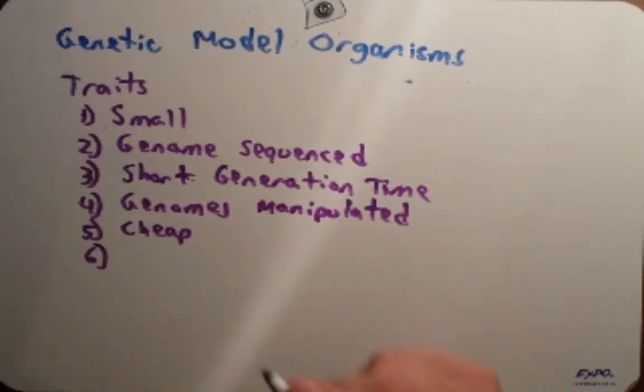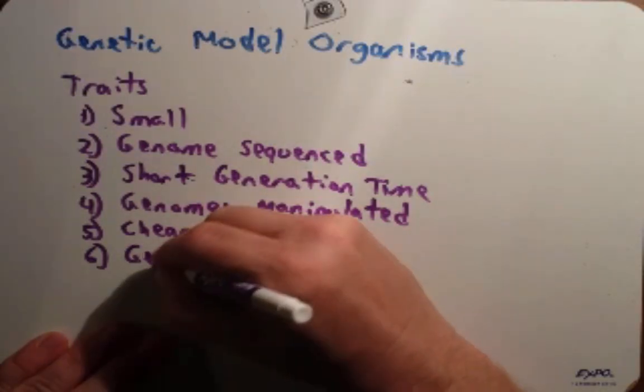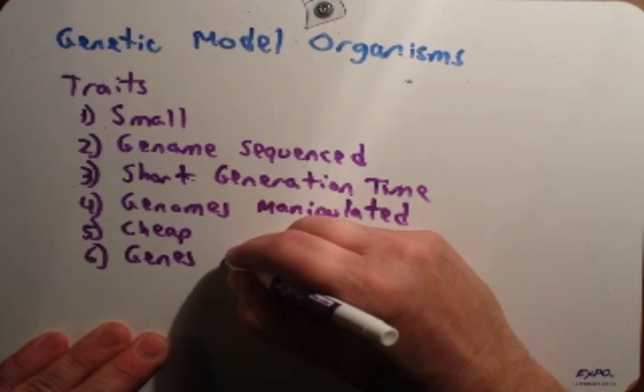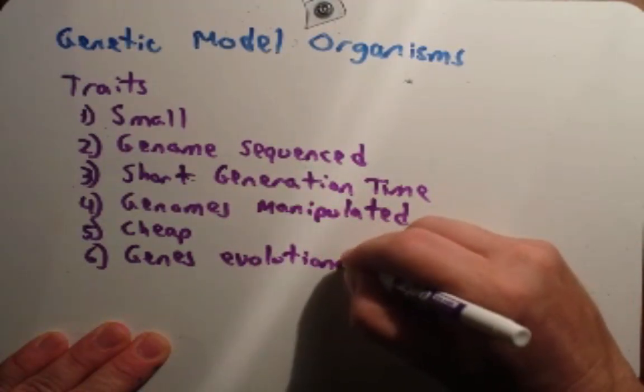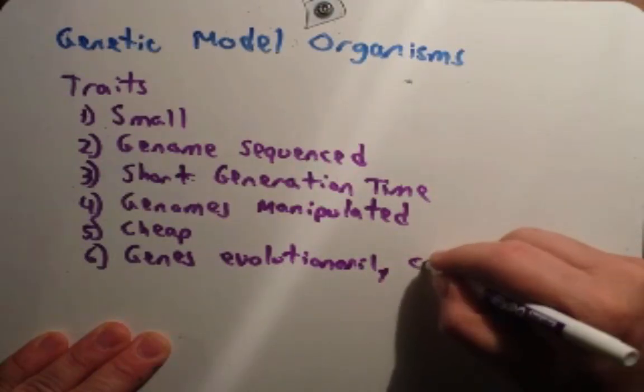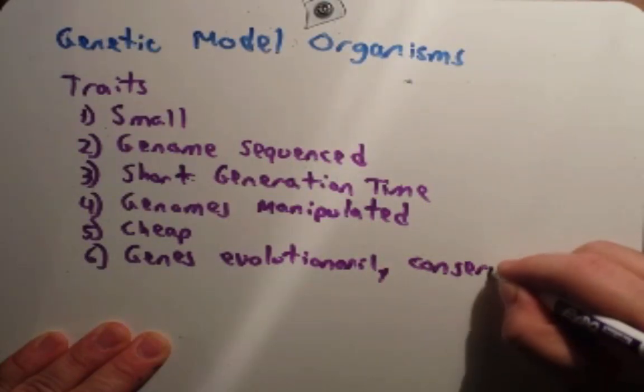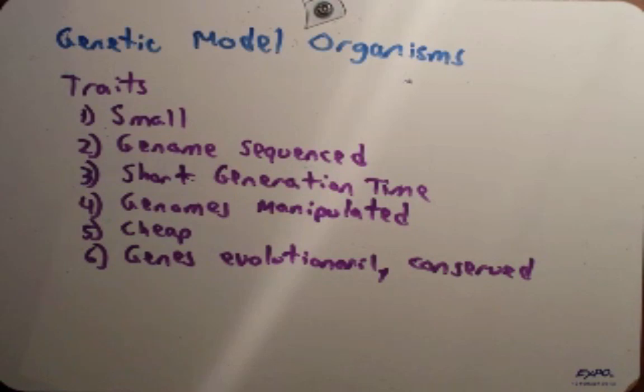And this isn't necessarily a trait, it's just a simple fact that since all these organisms are genetically related, what we learn in a simpler system, we can apply to a more complex system. So I'm just going to write here genes evolutionarily conserved. Every now and then you will get new genes popping up, but even the new genes have some sort of evolutionary conservation with the pre-existing genes.